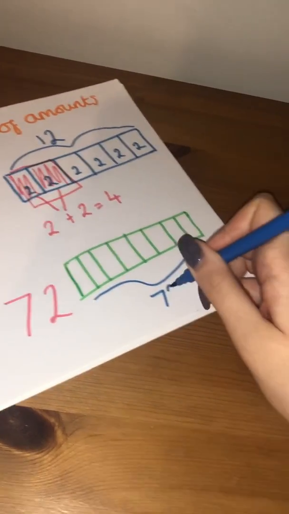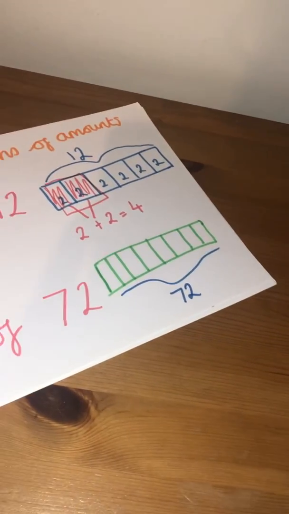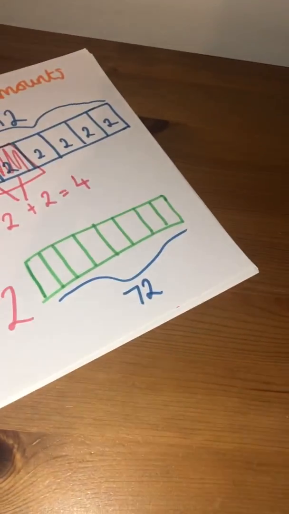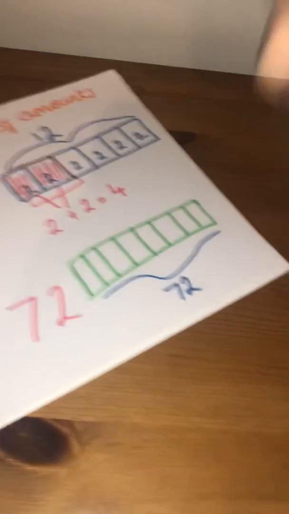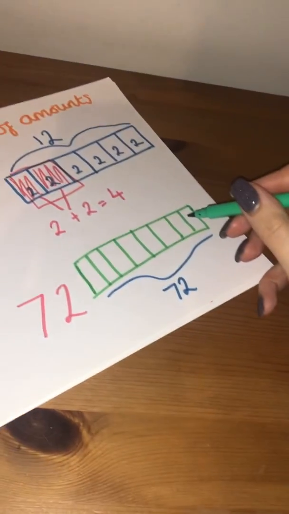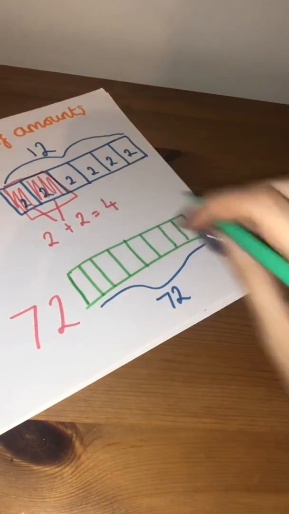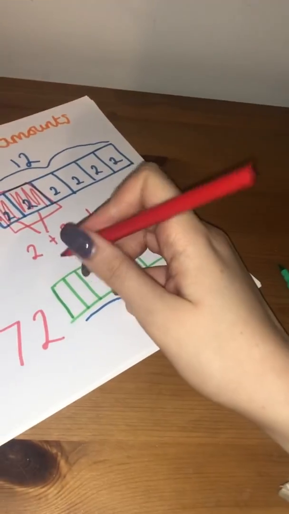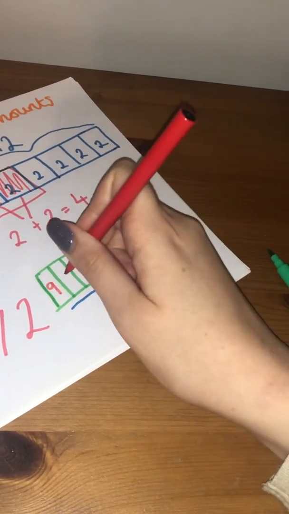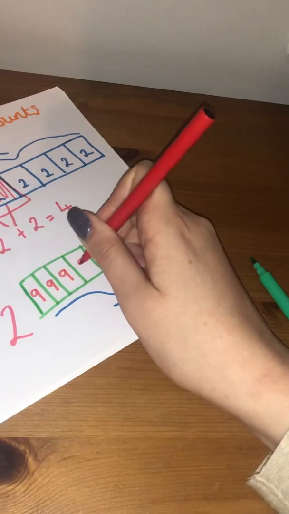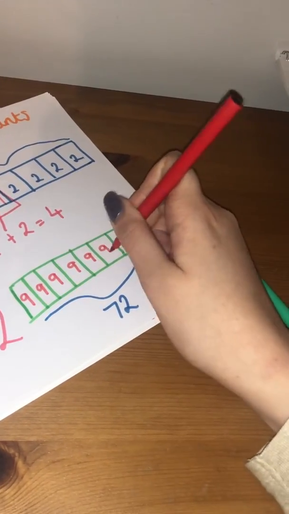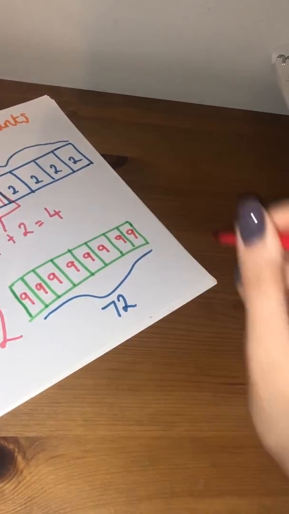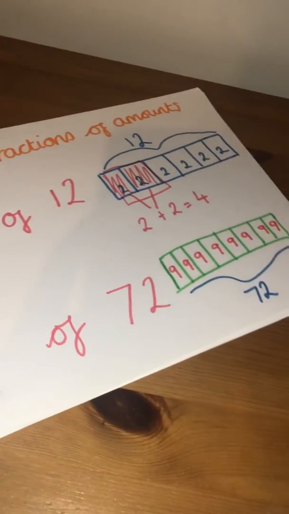is worth 72. Now using my times tables, I'm thinking in my head, what is 72 divided by 8? Now I know that is 9. So in each of my sections, I'm going to have 9, because 9 times 8 is 72. The question asked me for 5/8.